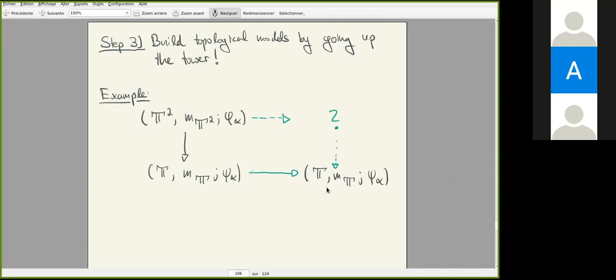And why did I pick this example, which is a bit silly? Because now something interesting happens. So if we try now to do the next step, then we run into trouble. Because in the end, we want a minimal distal model.